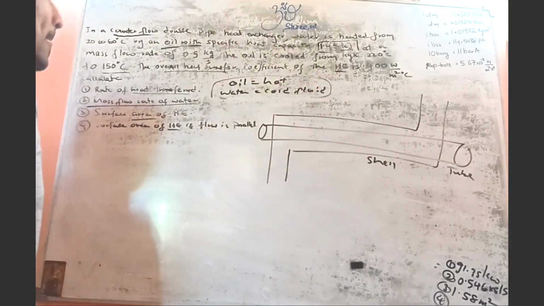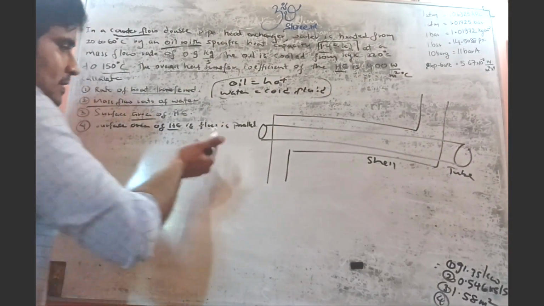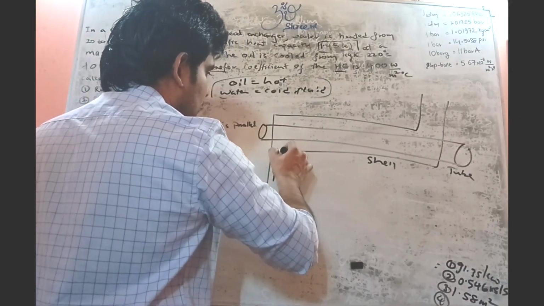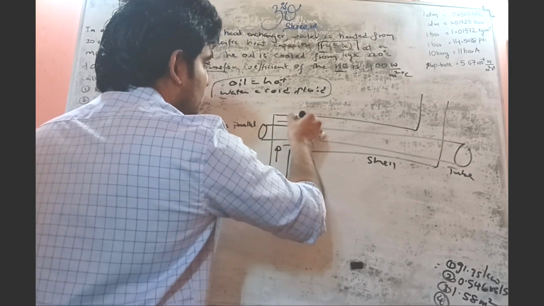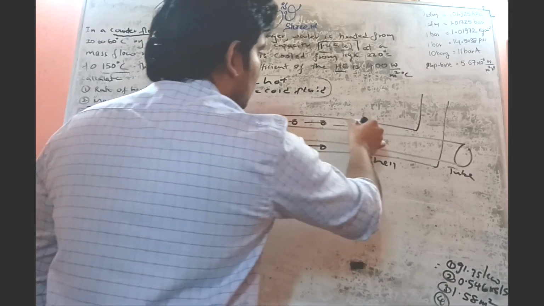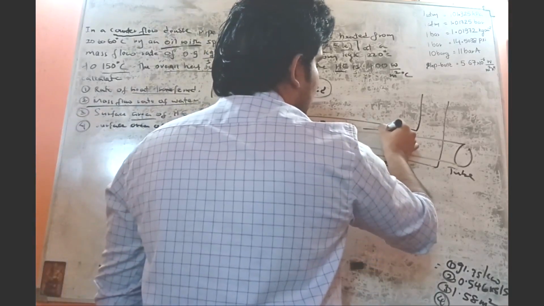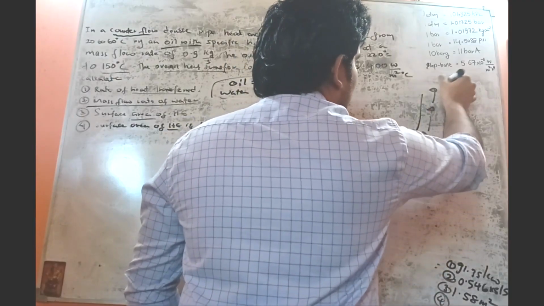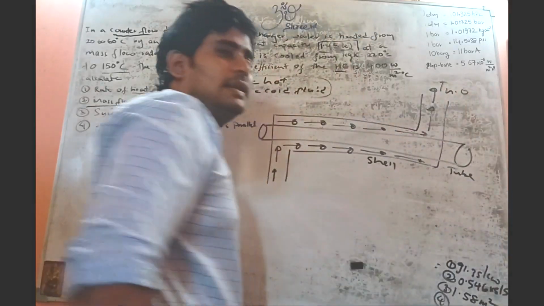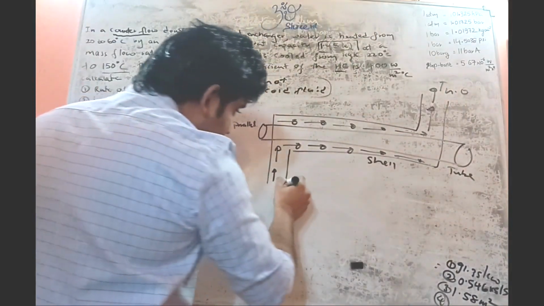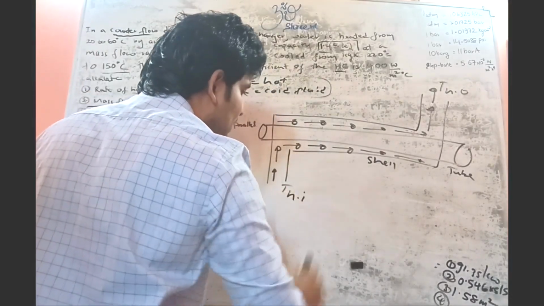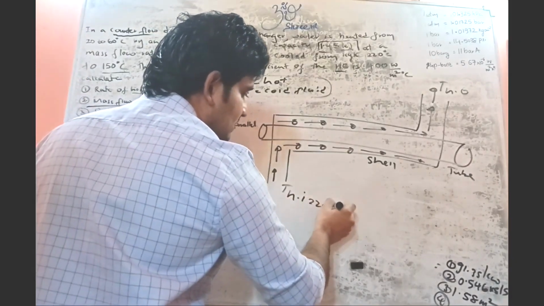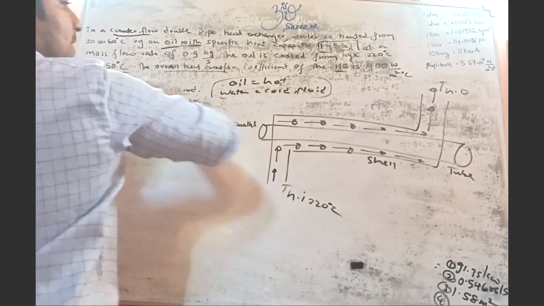Let's say the hot fluid enters from here. So T hot out, and this side T hot in. The entry of the hot fluid is 220 degrees Celsius, here 150 degrees Celsius.